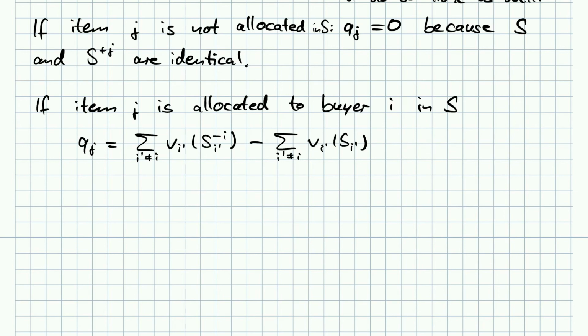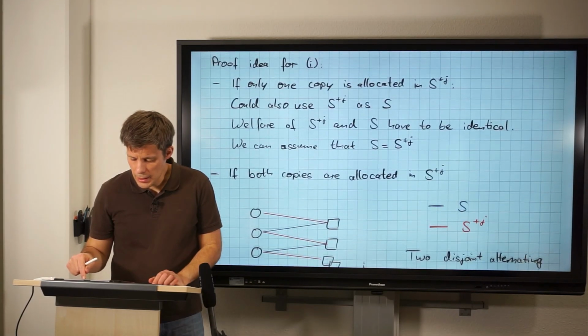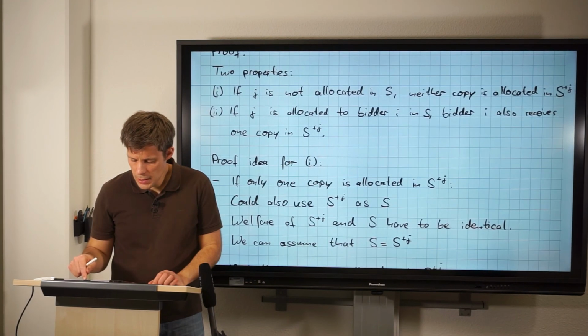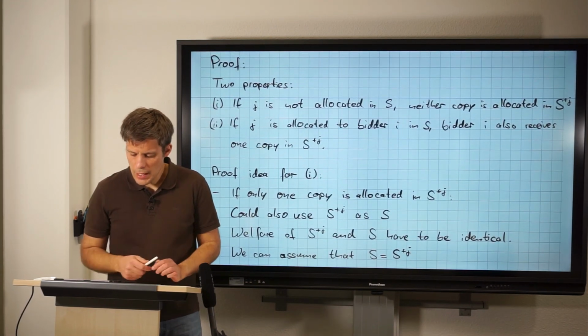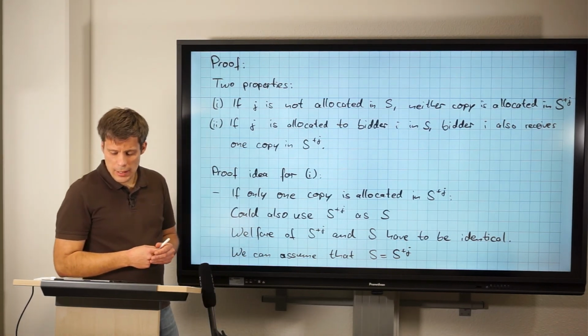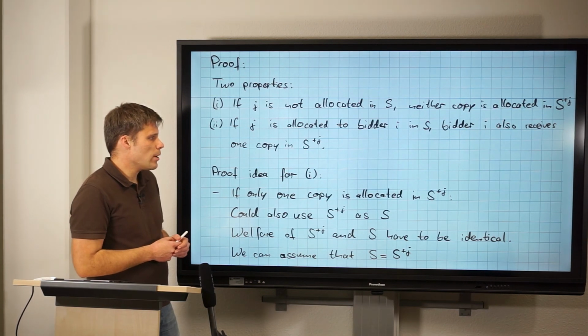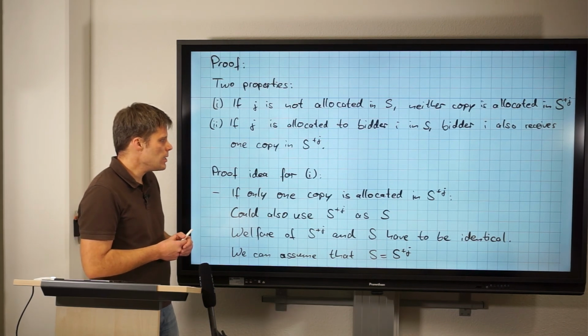And what do we now know about this? Maybe let's go back to the properties that we have. If item J is allocated to bidder I in S, this is the second property, then bidder I also receives one copy in S plus J. What does this mean?